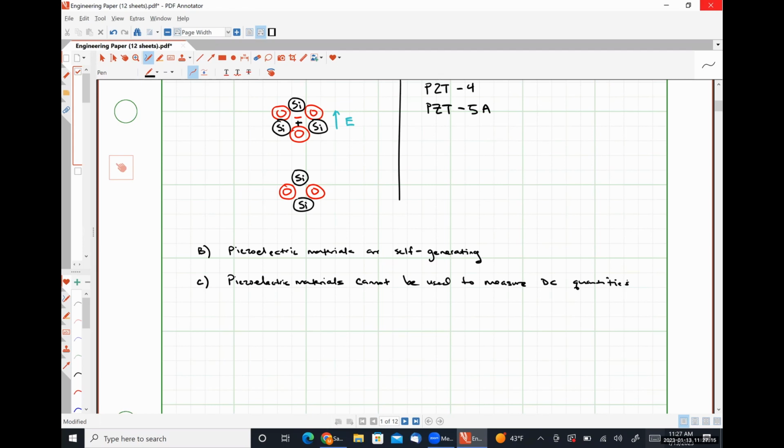the piezoelectric effect, we're going to find out mathematically in our model here in a moment, is all related to the rate of change. So we need to have a changing stress in order to generate an output voltage, or we need to have a changing voltage in order to generate mechanical stress in our crystal, right?